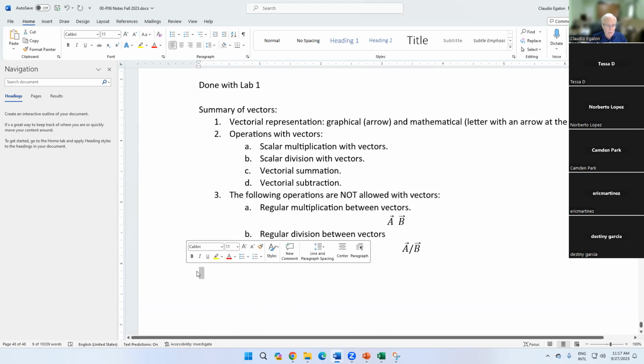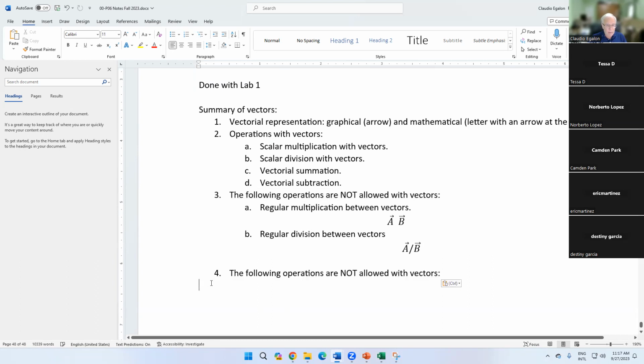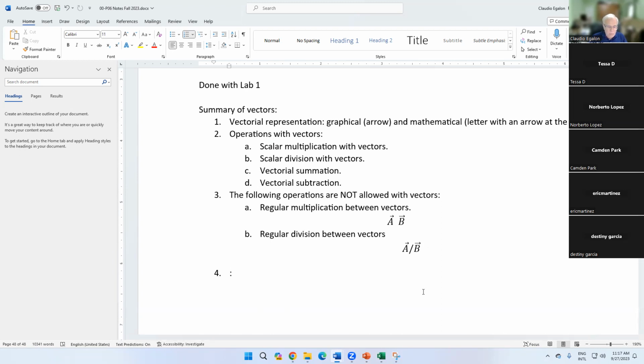What else did we look at? Graphical summation between vectors, right? We covered that.